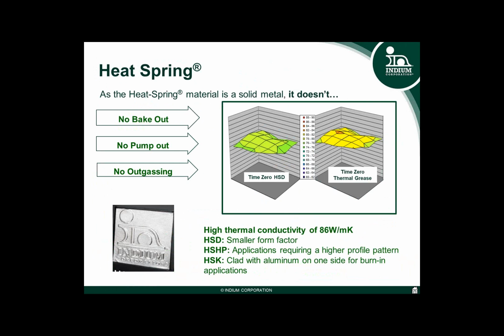As we are a solid metal, we are not suffering the characteristics that can be seen for other thermal materials in the market. So we're not going to be drying out, and we're not able to be moved by any deflection in the applications.